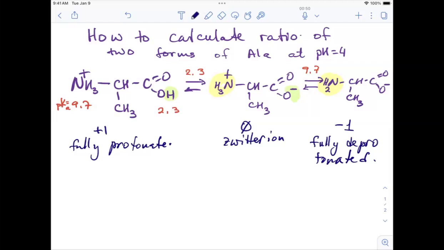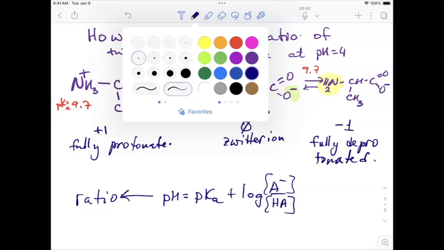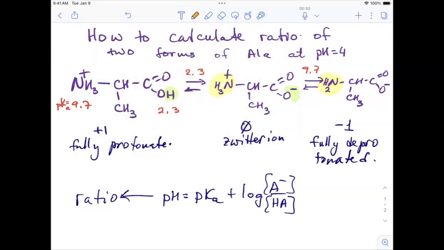To figure out the ratio, we need the Henderson-Hasselbalch equation. It says that pH of a buffer equals pKa plus log of the ratio of deprotonated form over protonated form. In the equilibrium, we're looking at which form is protonated, HA, and which form is deprotonated.